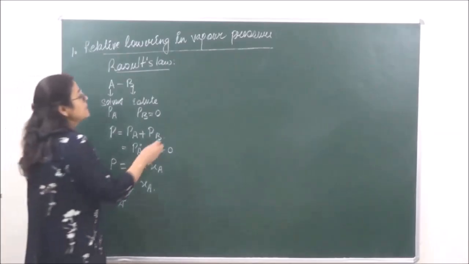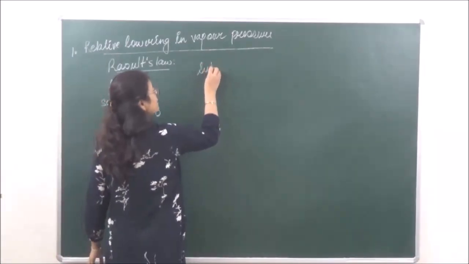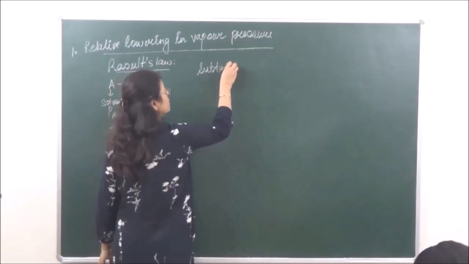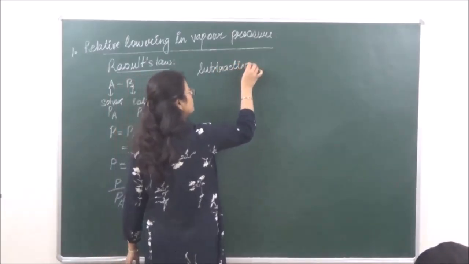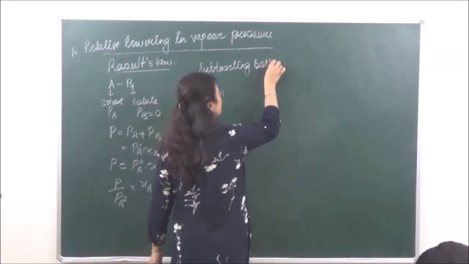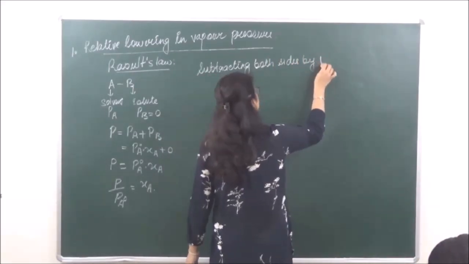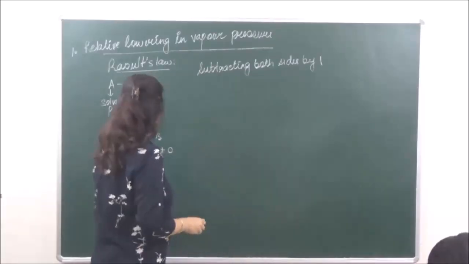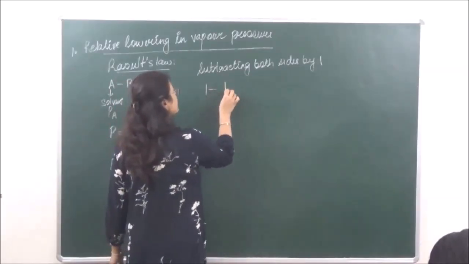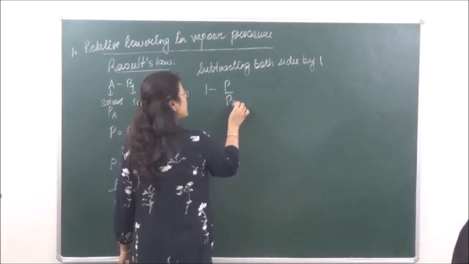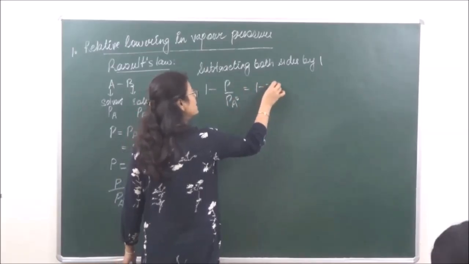Okay, subtracting both sides by 1. When we subtract both sides by 1, what are we going to get? 1 minus P upon PA naught is equal to 1 minus XA.